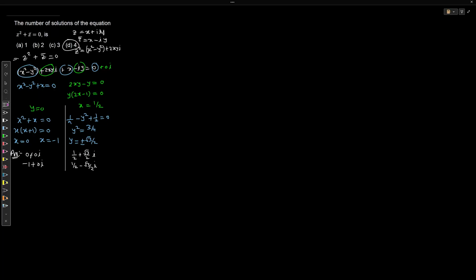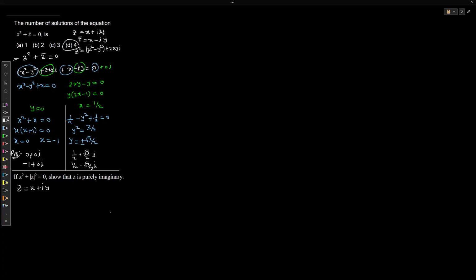We did one easy question. If z square plus modulus of z square is equal to 0, then we have to prove that z is purely imaginary. How? By proving the real part is 0. Now, as we know, we have to use z, which is x plus iy.